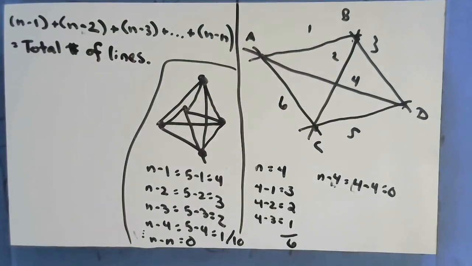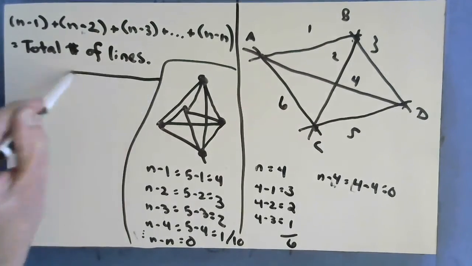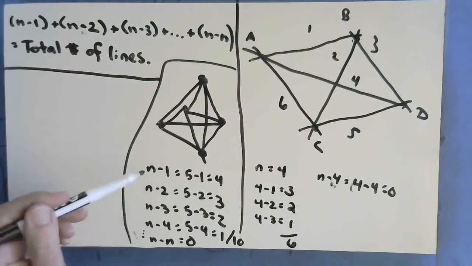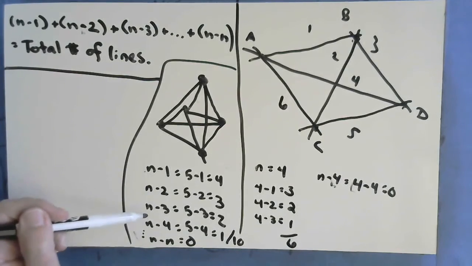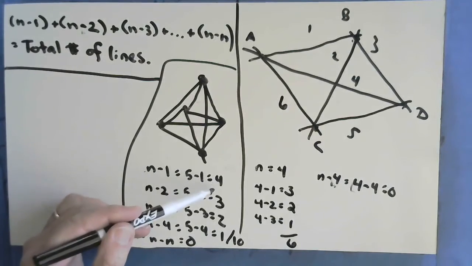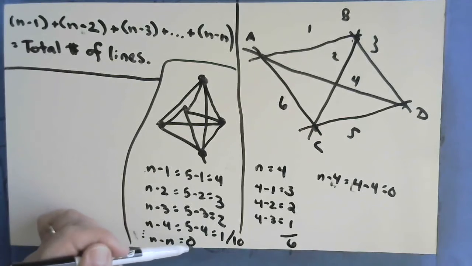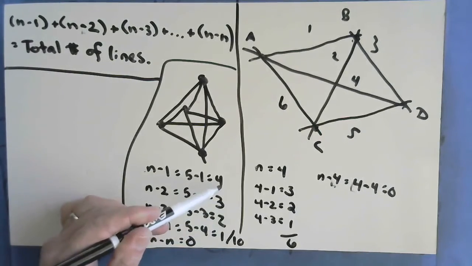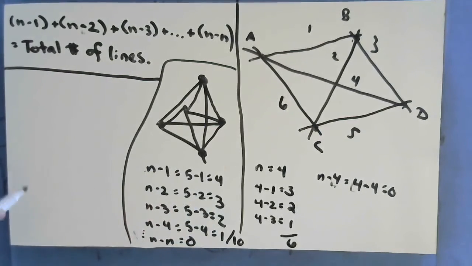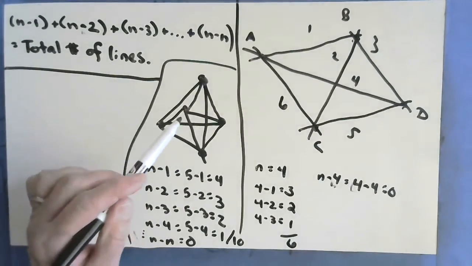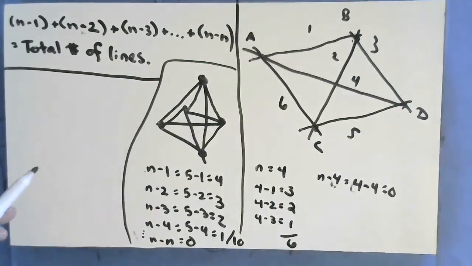Now, we saw here, this is a perfectly fine answer right to there. Mathematically, we can compact this a little bit, and we can have some fun with it. So if we look at the pattern, we generated n minus 1, n minus 2, n minus 3, all the way to n minus n by coming up with these numbers. But what we see then is we're actually adding 0 and 1 and 2 and 3 and 4 all the way up to n minus 1, because we always have to start with n minus 1, the number of points that we have minus the 1 point that we're going to connect all the others.